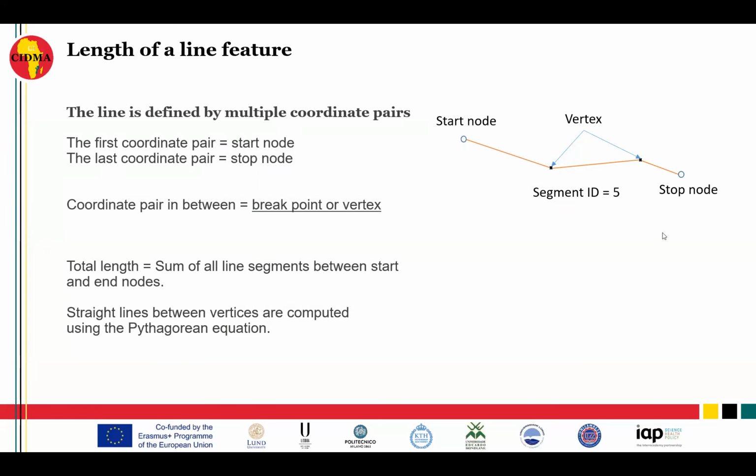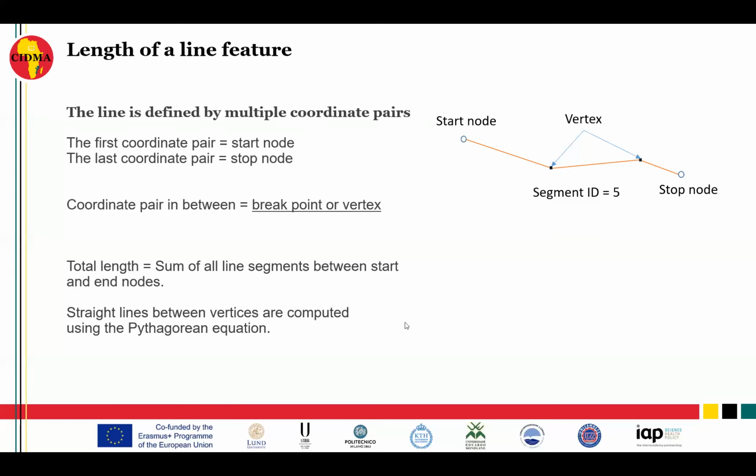So the line segment consists of multiple coordinate pairs, and between each breakpoint, the program will have to calculate the distance and then add this distance to the distance, and then add this distance. So it will solve it by summarizing many small distances into one summarized distance.